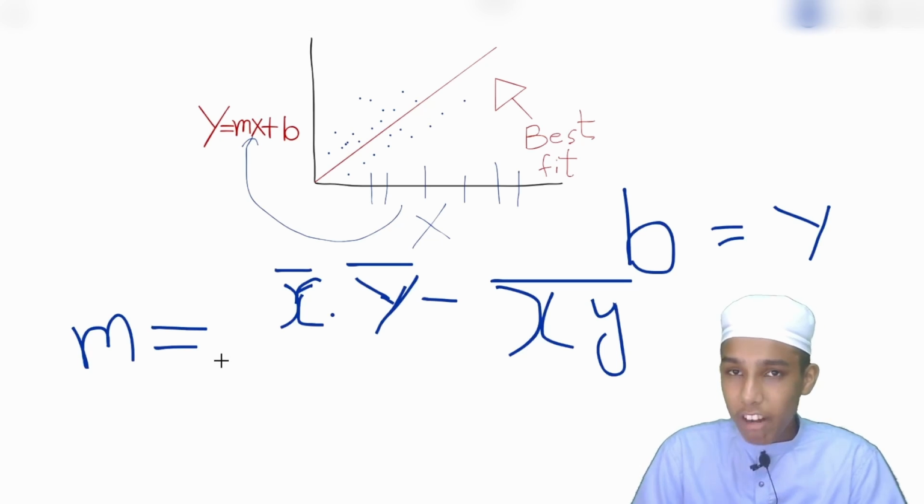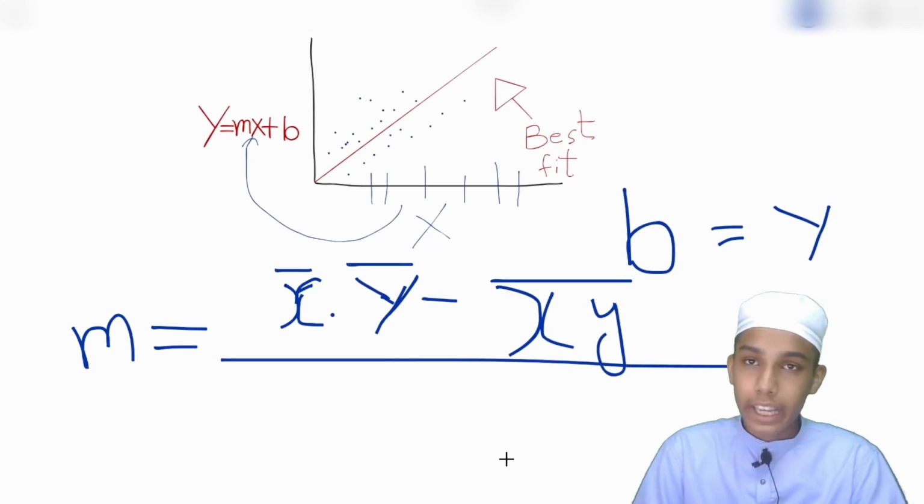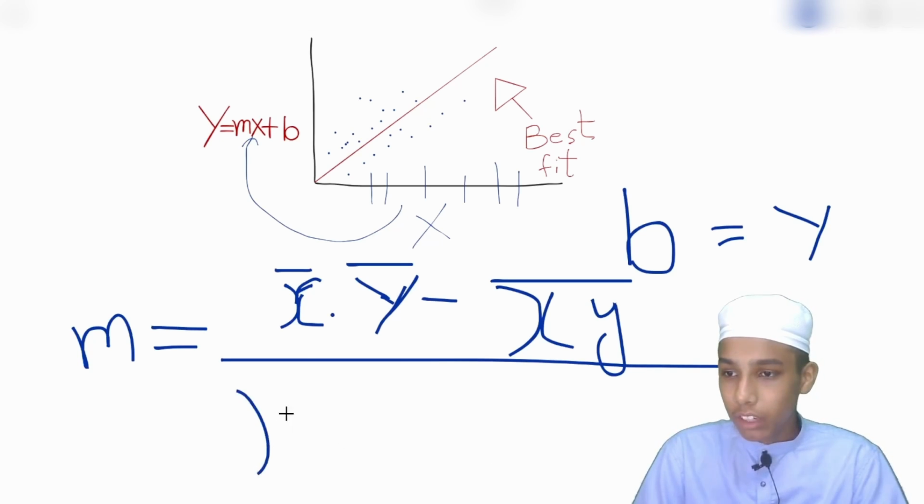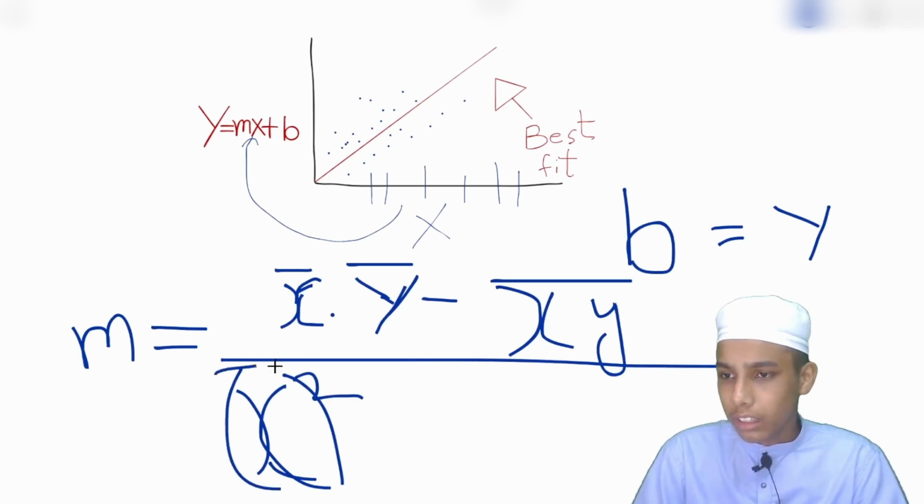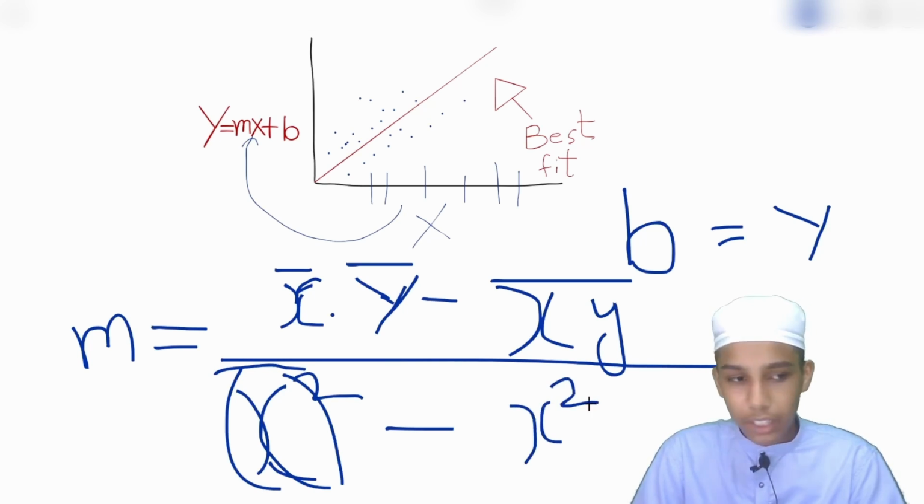Now we have to divide it by the x mean squared minus the mean of x squared. First, let's give here x mean squared, and then minus the mean of x squared. So this is the value of m.